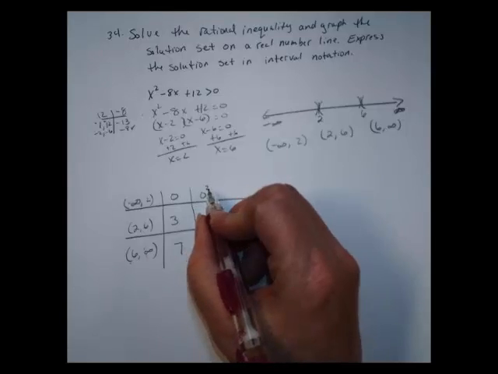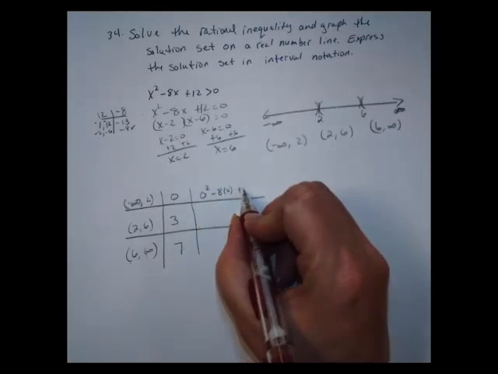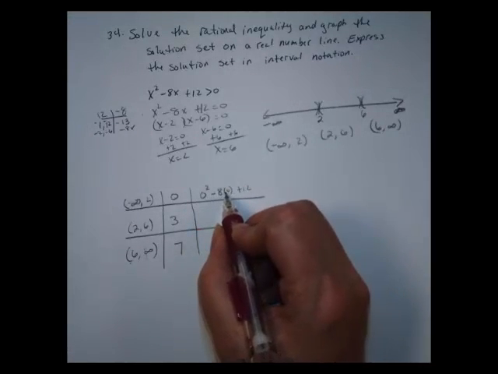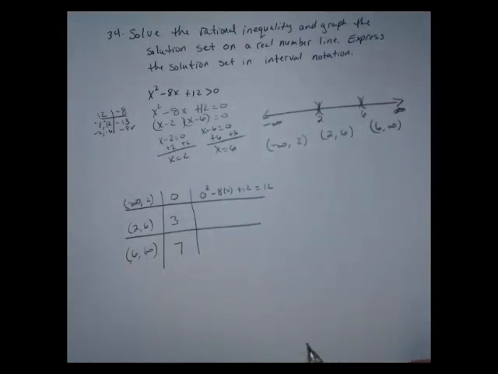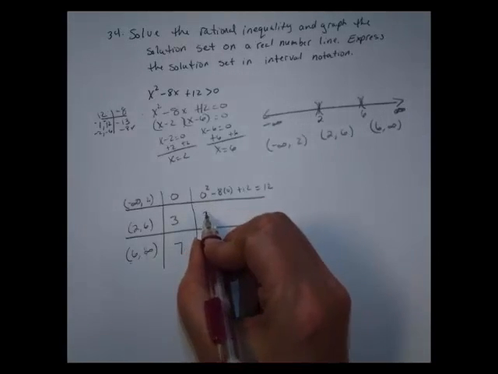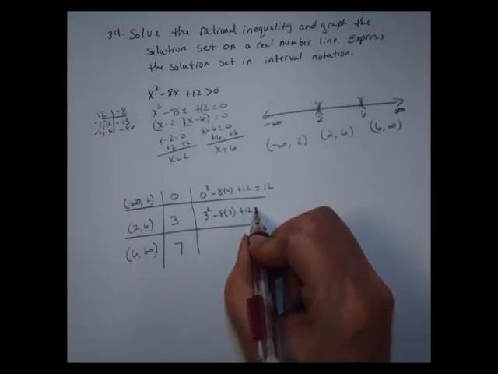So I have 0 squared minus 8 times 0 plus 12. Well, that's going to get me 0 minus 0 plus 12, which is 12. Now my next number is 3 squared minus 8 times 3 plus 12.